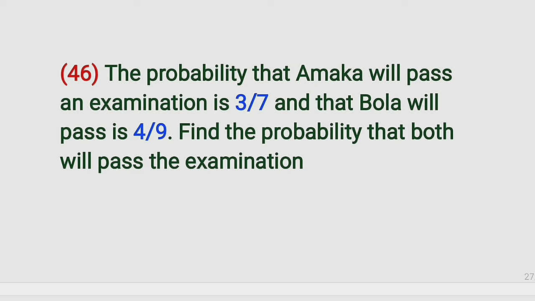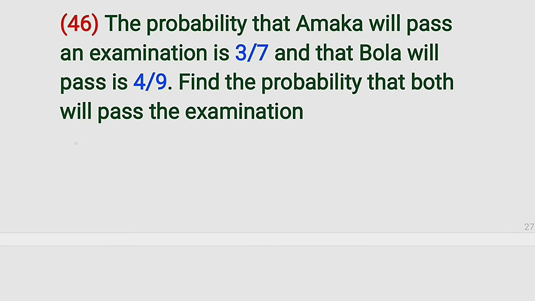This is a very simple question. And these two events are independent. Whether this one passes or fails will not affect this one, remember. So if they are independent, you can just multiply their probabilities. So we are given that the probability of a marker, let me call it A, is given as 3 divided by 7.